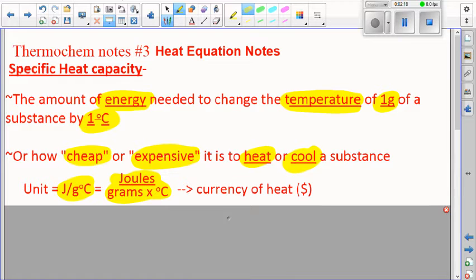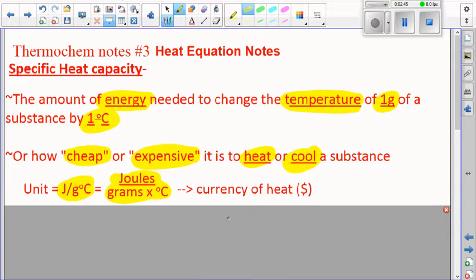And I sort of think of this as the currency of heat. It's like a price. So if you guys go to the deli, for example, they'd be like, okay, salami is X number of dollars per pound, and cheddar cheese is X number of dollars per pound, and turkey's X number of dollars per pound, okay?